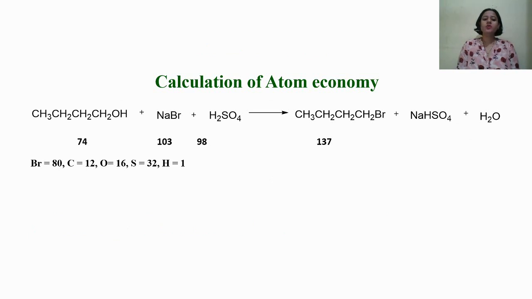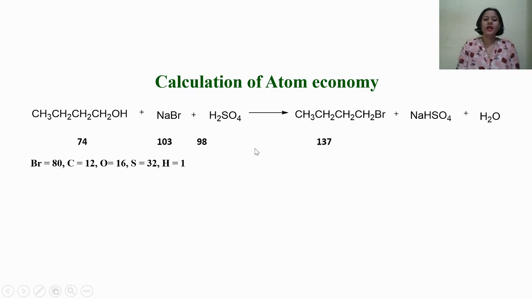Now let us see how to calculate the atom economy of a reaction using that formula. This is one example. You can see butanol is treated with sodium bromide and sulfuric acid to give butyl bromide. Let us calculate the atom economy of this process. These are the formula weights of the reactants and the desired product, butyl bromide.